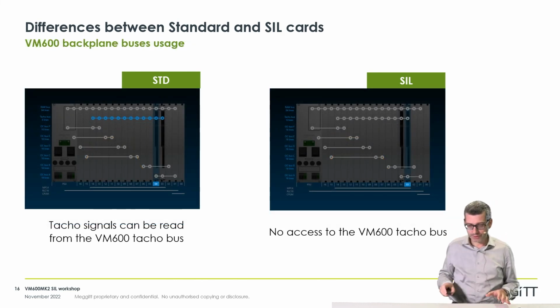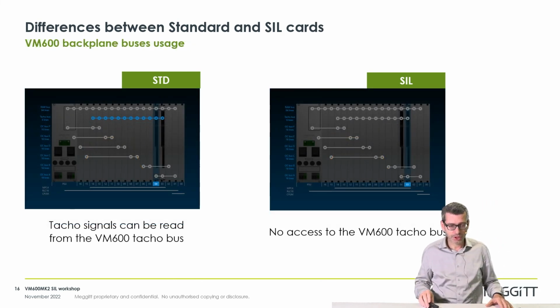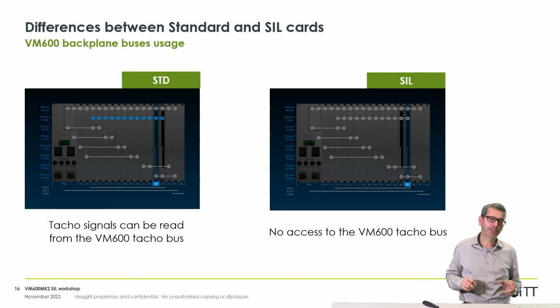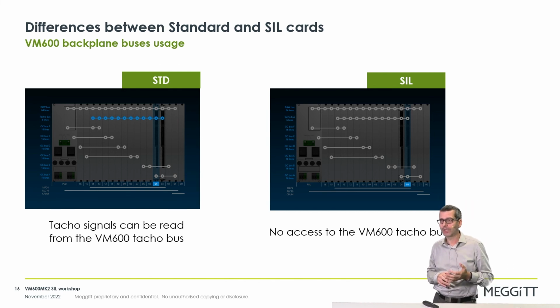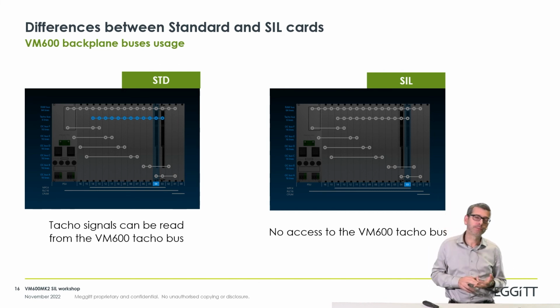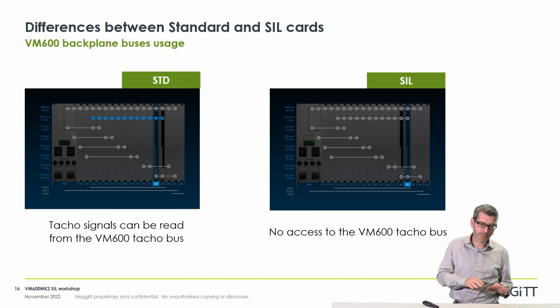There is another difference regarding the usage of the VM600 buses. As you know, the VM600 has 3 internal buses for inter-card communication within the rack. We have RAW bus, TACO bus, and OC bus. So both cards are capable of sending signals from sensors to the RAW bus.